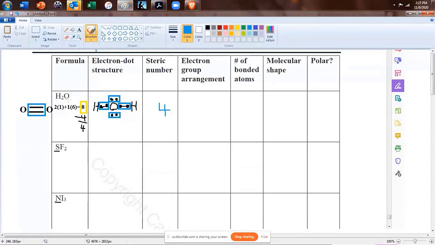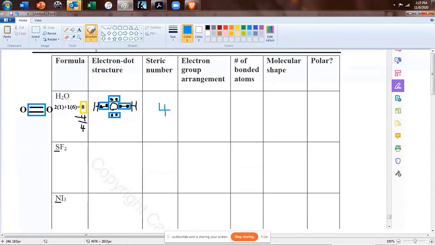So now I can go ahead and start drawing what I refer to as a skeleton structure. The skeleton structure shows how the atoms are connected. Usually the least electronegative atom is the central atom. An exception is hydrogen.